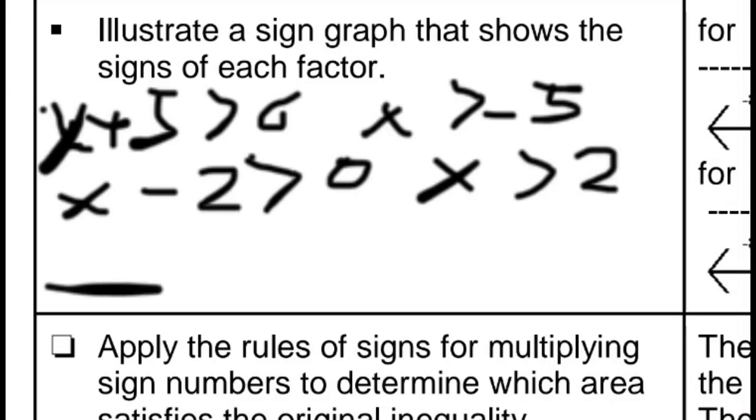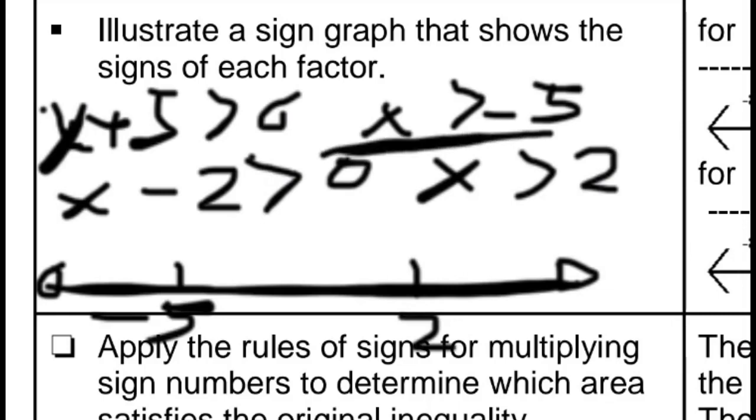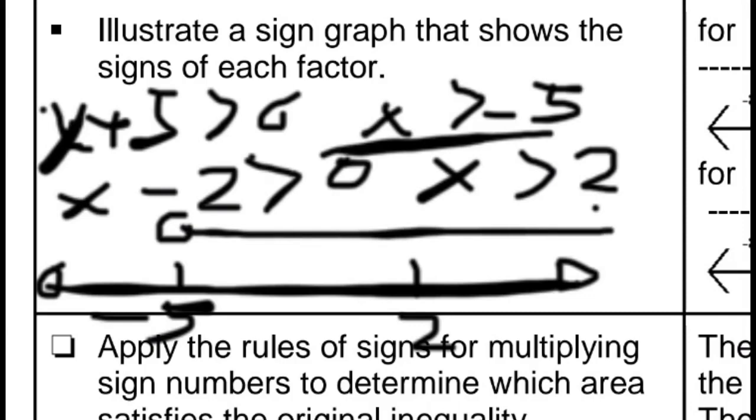Now if we're going to draw a number line, let's have here negative 5. Then let's have here, say, 2. So x is greater than negative 5, so from negative 5 towards the right, then x is greater than 2, so from 2 towards positive infinity.